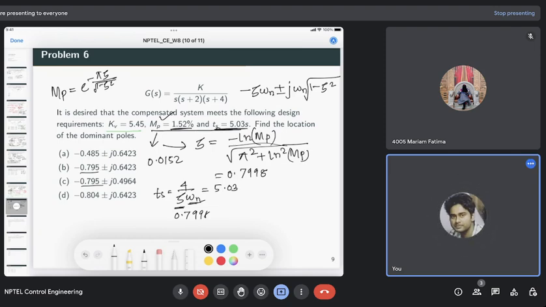So 4 by 5.03 into 0.7998. Okay, so it's approximately coming omega n equal to 0.9943.